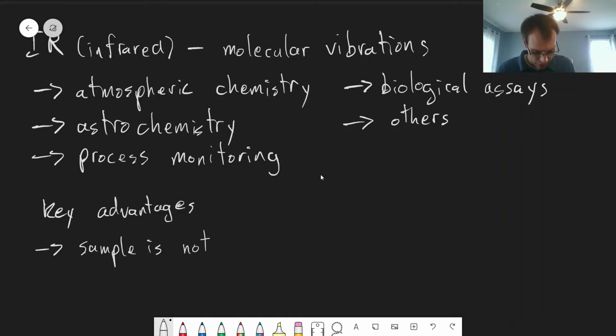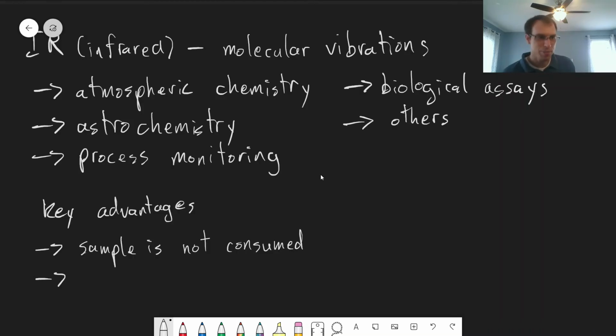When you do something like a titration, the reaction has to happen. You have to use up your sample. Spectrophotometry is similar to electrochemical measurements in that you don't have to use up your sample to take the measurement. You can take the measurement, and then in theory, you could use your sample for something else.